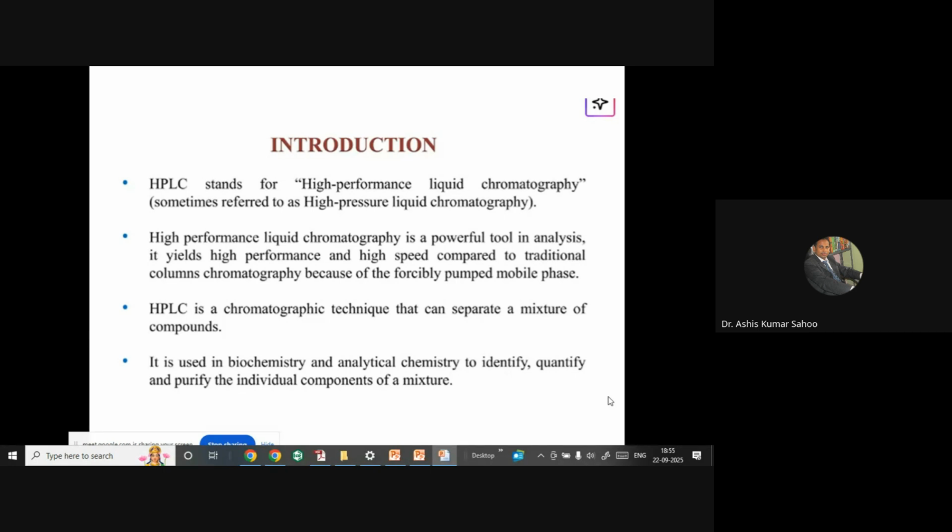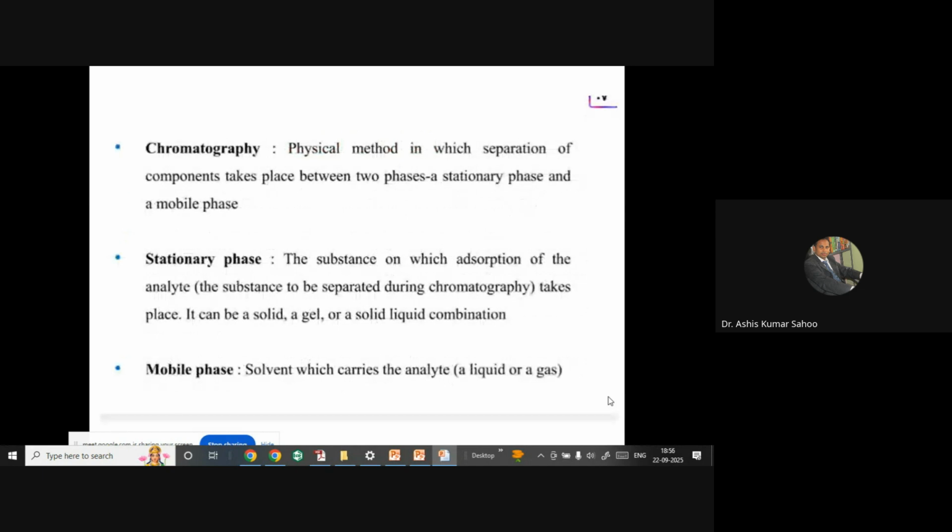So HPLC is a chromatography technique that separates a mixture of compounds. It is used in biochemistry and analytical chemistry to identify, quantify, and purify the individual components. Chromatography is a physical method in which separation of components takes place between two phases, the stationary phase and the mobile phase.